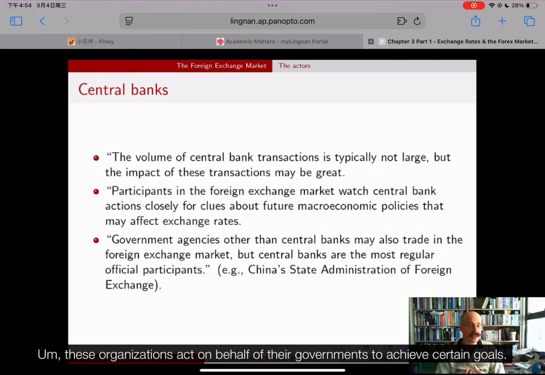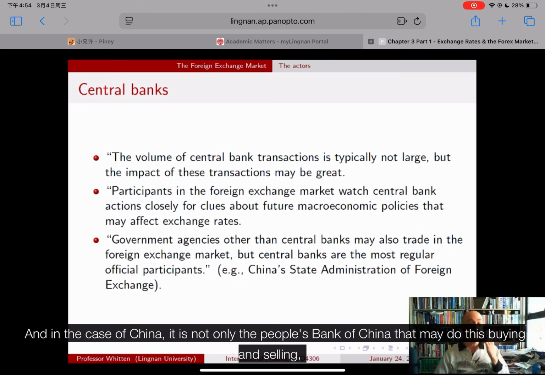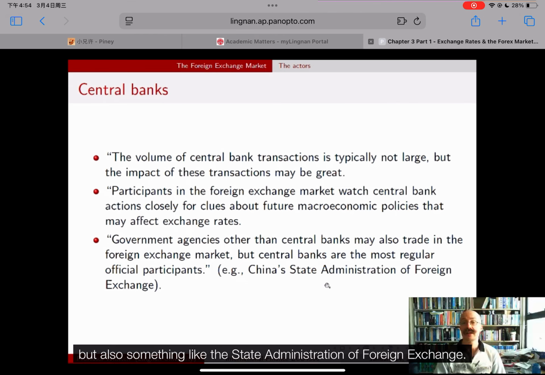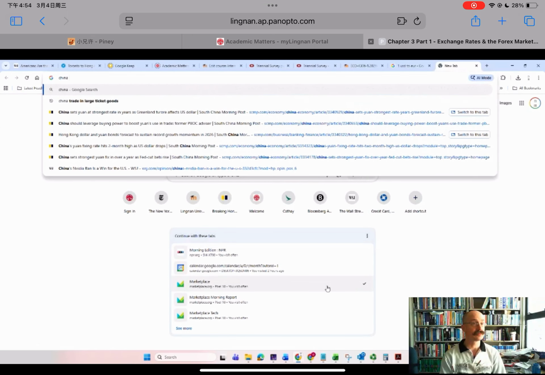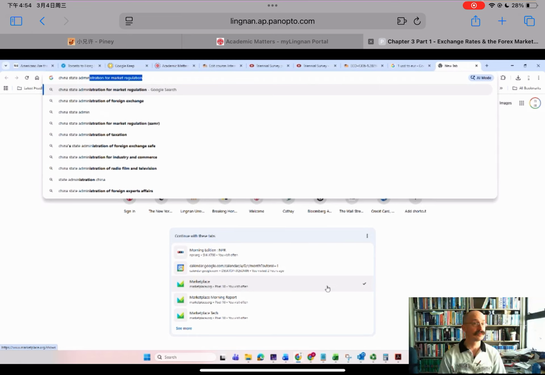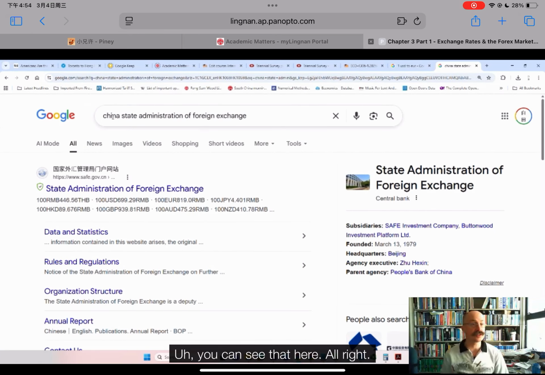These organizations act on behalf of their governments to achieve certain goals. And in the case of China, it is not only the People's Bank of China that may do this buying and selling, but also something like the State Administration of Foreign Exchange. You can see that here. All right.